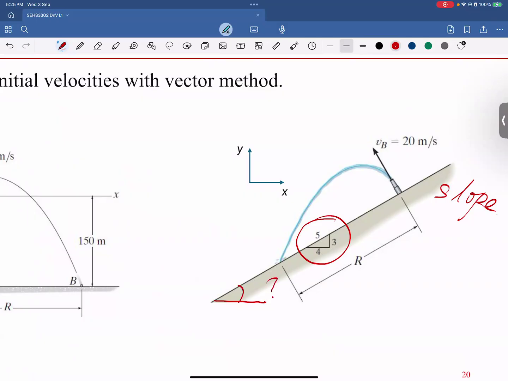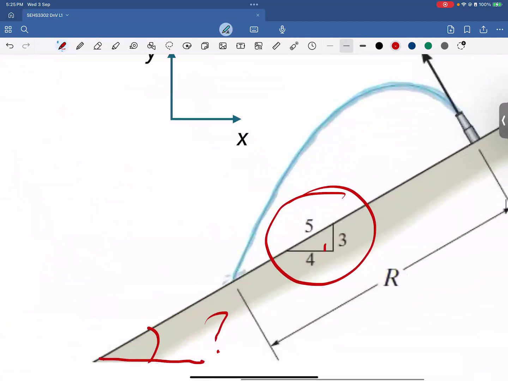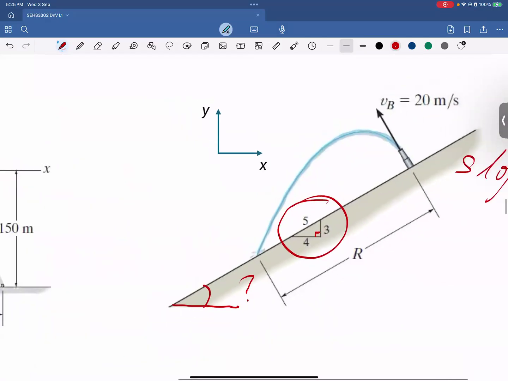And we can find out the angle by ourselves based on this right angle triangle. Because you can see in this slope, the horizontal component is 4, the vertical component is 3. Naturally, the hypotenuse is 5, right?